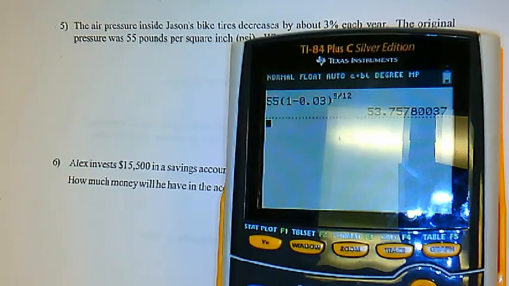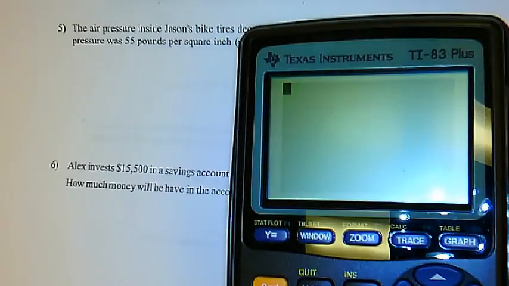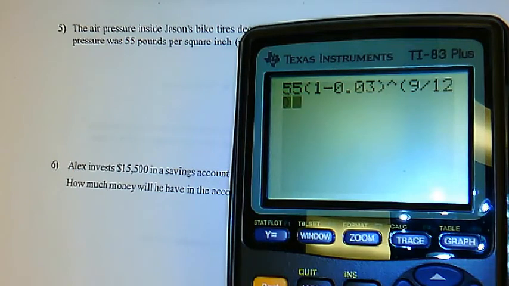So see, you got what I would get. Now if you have this calculator, you would do, okay, again, 55 times 1 minus 0.03. And then when you hit the caret button, if you have anything more than one thing, you're going to have to put it in parentheses. So 9 divided by 12. So you see you get the same thing.